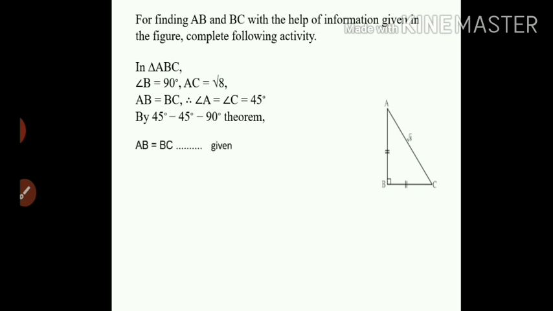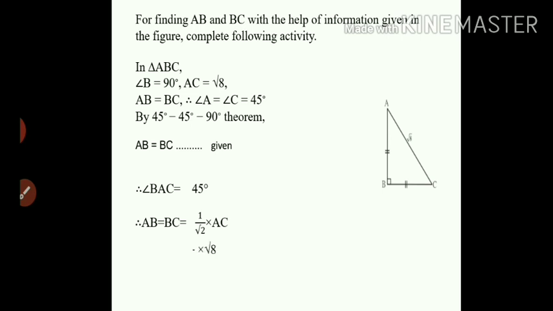You can see AB is equal to BC, the reason is given. Correct. Next one, see. Angle BAC means angle A is how much? 45 degree. So we know the property of 45, 45, 90. That is AB equal to BC means the side opposite to 45 degree will be 1 upon root 2 multiplied by hypotenuse.